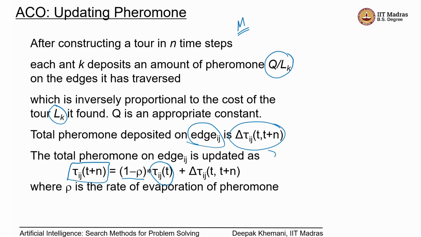But this new pheromone is added to those edges at the end of the tour construction cycle, which is t plus n time essentially. So in that manner, every ant deposits pheromone on every edge that it has traversed, and this happens at the end of n time steps when it has constructed the tour, and then the next cycle begins as before.